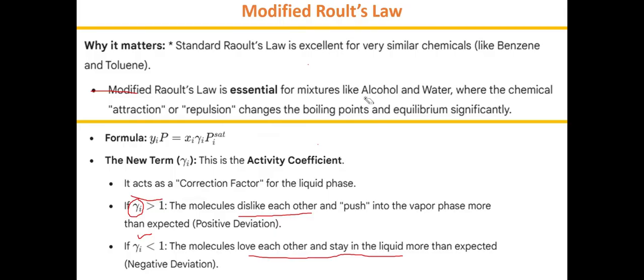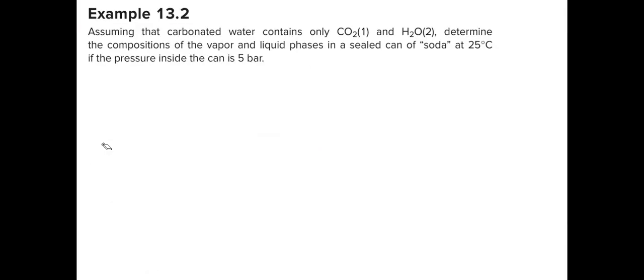But with alcohol and water, where attraction and repulsion change the boiling points and equilibrium significantly, obviously we will have to use modified Raoult's law. So I think we are clear about modified Raoult's law now. Now look at this example so that we can understand this, and this is basically the implication of that.